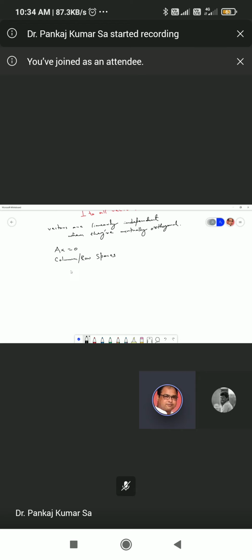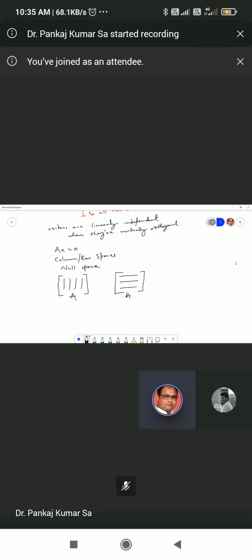Let me introduce one more space, which is also known as null space. What is a null space? Column space: this is the matrix A. We talk about the space that is spanned by the independent columns of this matrix A. Similarly, independent rows of matrix A.